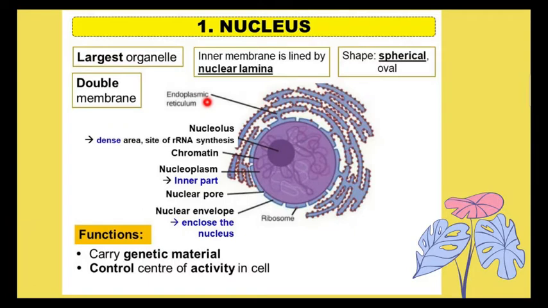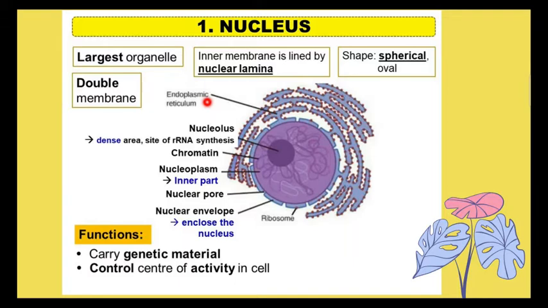Okay, first organelle is nucleus. I am sure that you all have learned these organelles during secondary school, but for our syllabus, some parts are a bit more detailed compared to school.